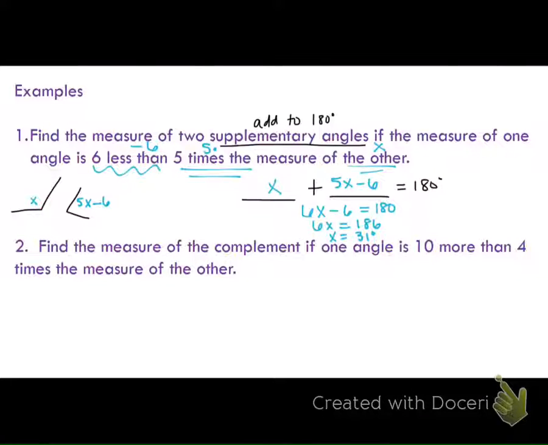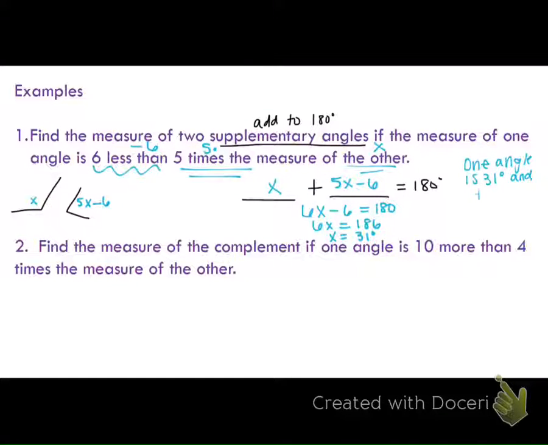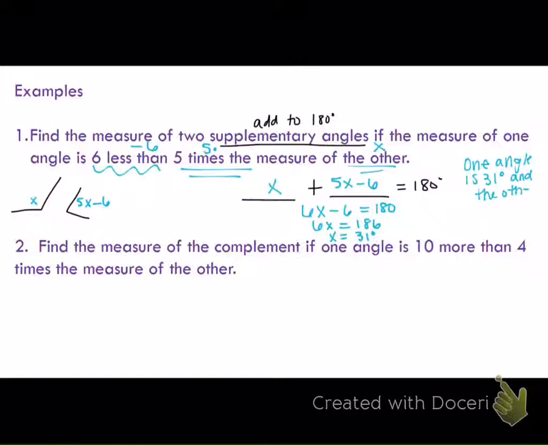So x is 31 degrees. So one angle is 31 degrees. What is the other? What's the other angle? Alana, what do you think it is?